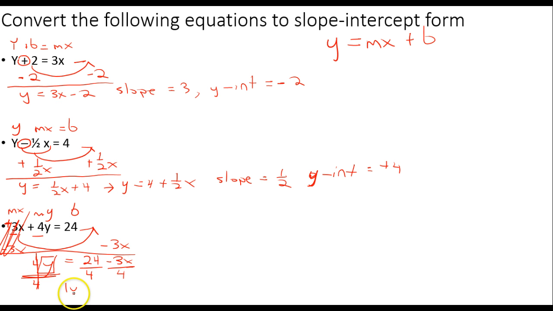I have 1y, which is the same thing as just y, equals 24 divided by 4 is 6, minus, and I just keep that as a fraction, 3/4 x, 3 divided by 4x, or if you want, you can change it to a decimal. 3 divided by 4 is 0.75. Either way, my slope is negative 3/4. My y-intercept is 6 positive.